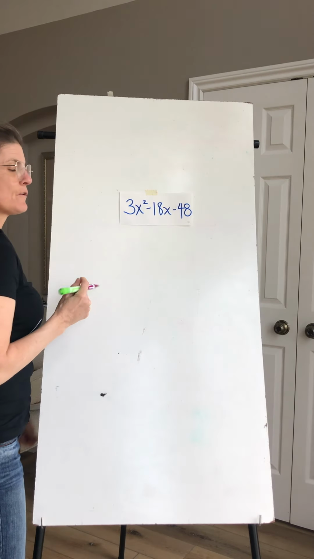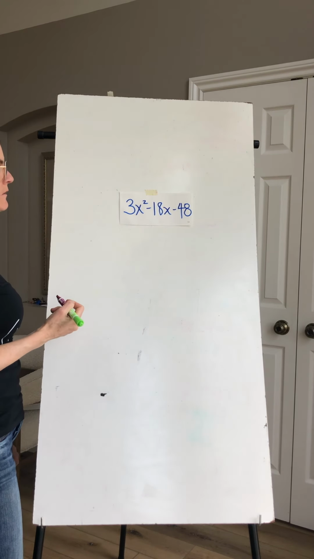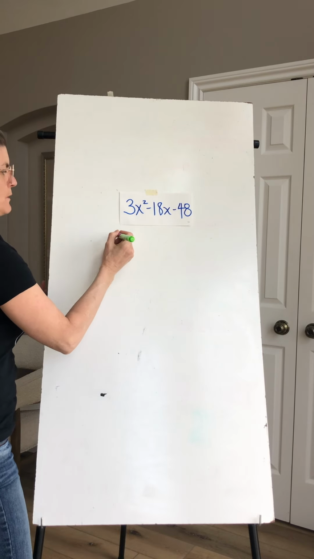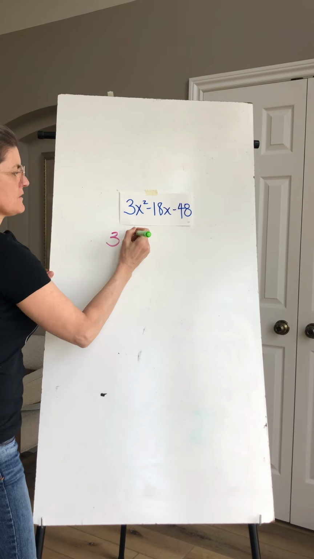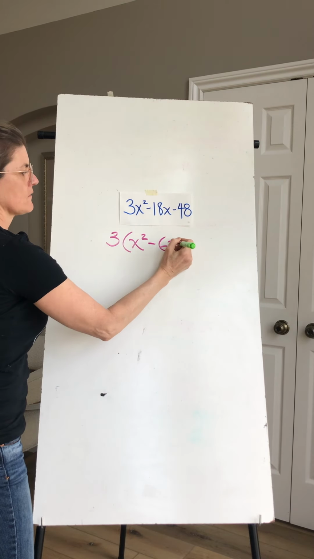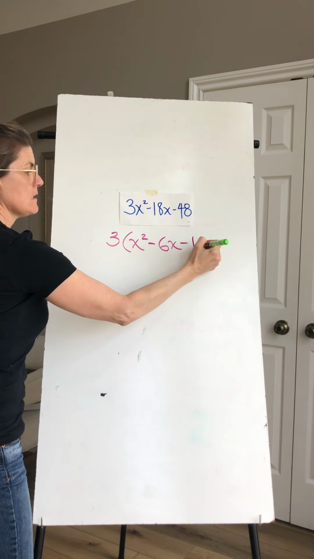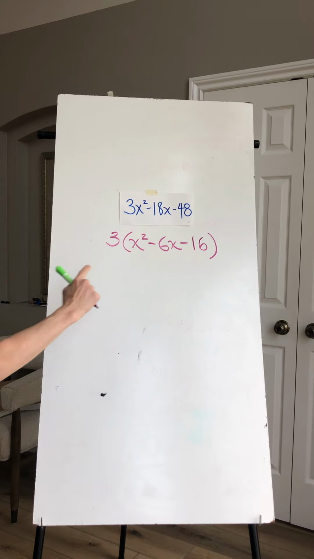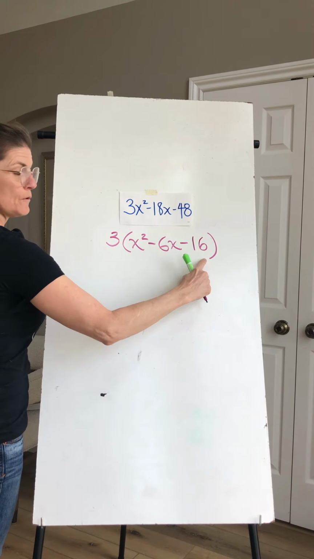All right, first thing, is there a common factor? A lot of people would think 2 would work out, but in actuality, 3 is the common factor for this one. If you take a 3 out, you're left with x squared minus 6x minus 16. It's 3 terms.